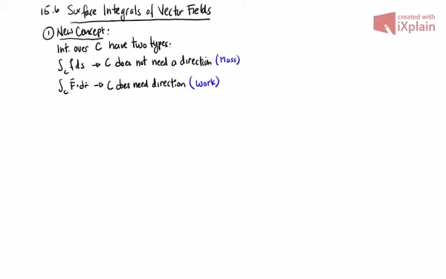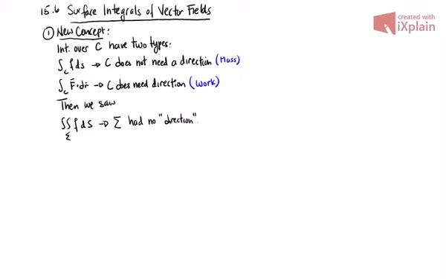So now we're looking at surface integrals. We had the surface integral of a function, and we just had a surface. There was no sense of a direction, orientation, or anything like that. No direction, whatever that means. We have no sense of that yet.